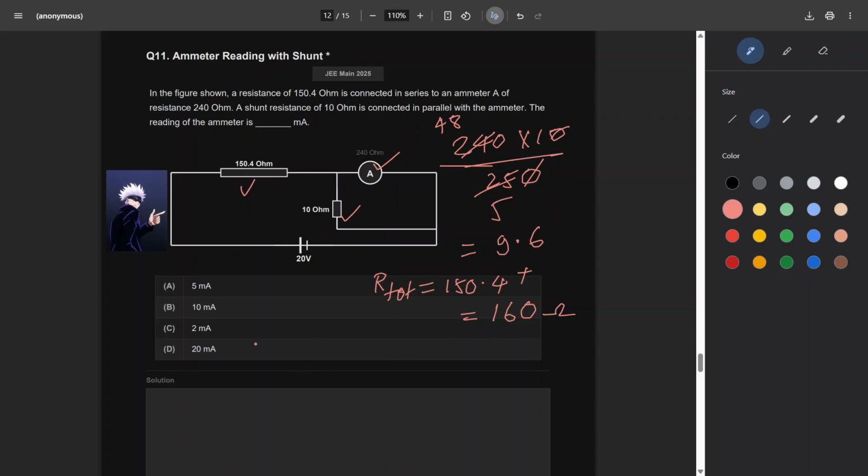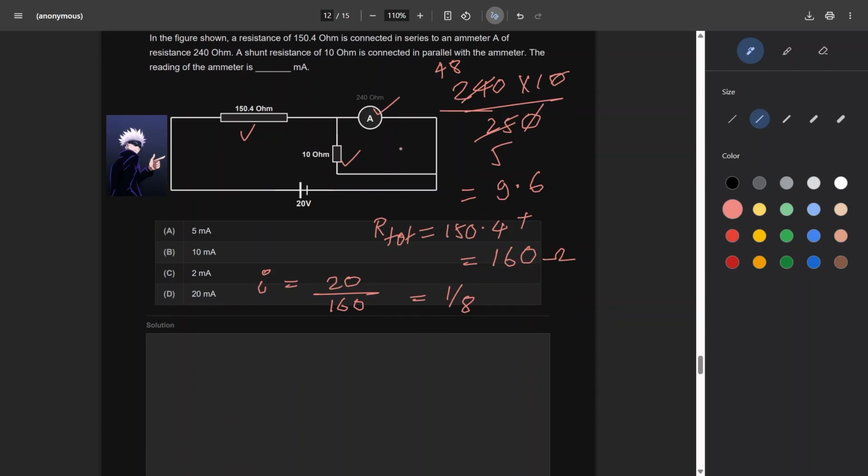So we have the total current, right? This is the total current. It is 1 upon 8, right? We need the current in the ammeter.